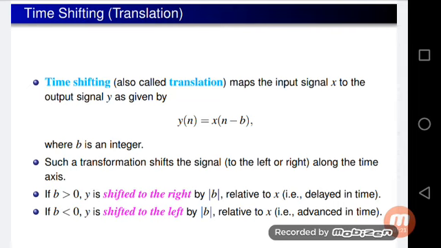In earlier classes we already discussed that time shifting is a translation to convert signals from one form to another form, either discrete to continuous or continuous to discrete. Here it maps input signal x to output signal y. Input signal x and output signal y can be represented as y of n equal to x of n minus b. Already we know.